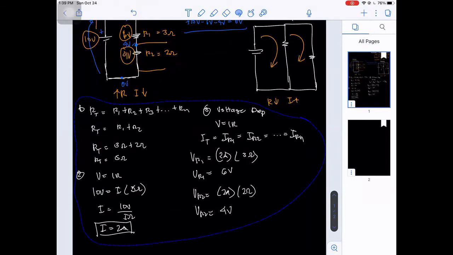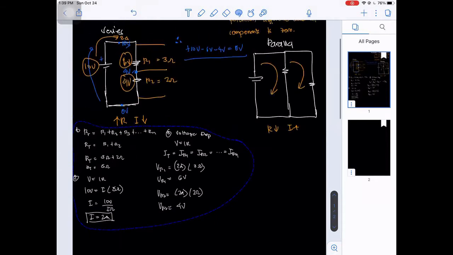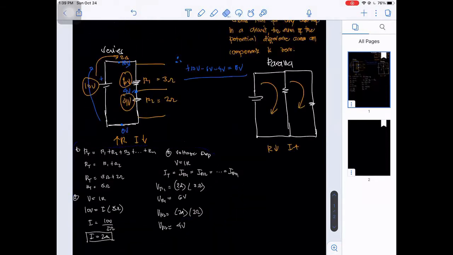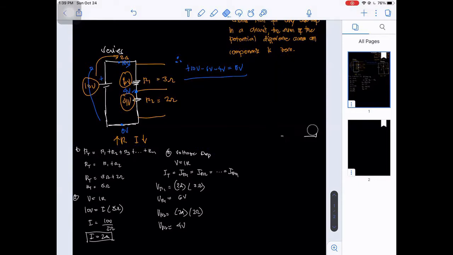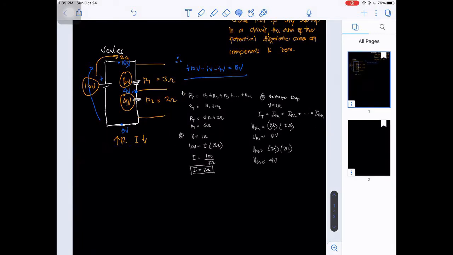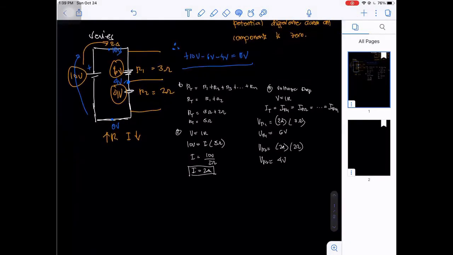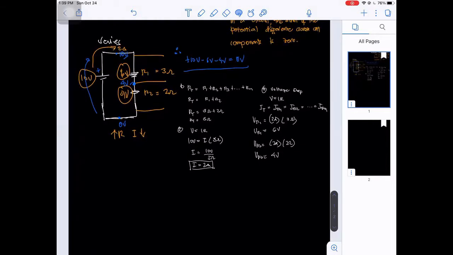Let us resize this one so that we can have more space. Let's just delete this one. Okay, so our next step is to solve for the power. We will solve for the power delivered by the battery, and also the power that is consumed or absorbed in its resistors.